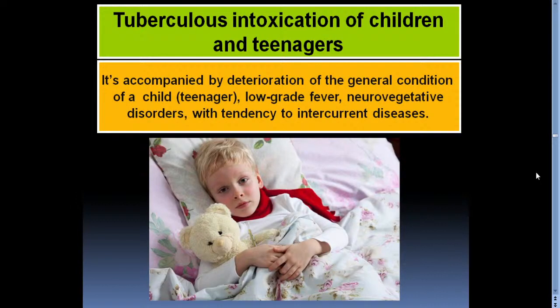It is accompanied by deterioration of the general condition of a child or teenager, low-grade fever, neurovegetative disorders with tendency to intercurrent diseases.